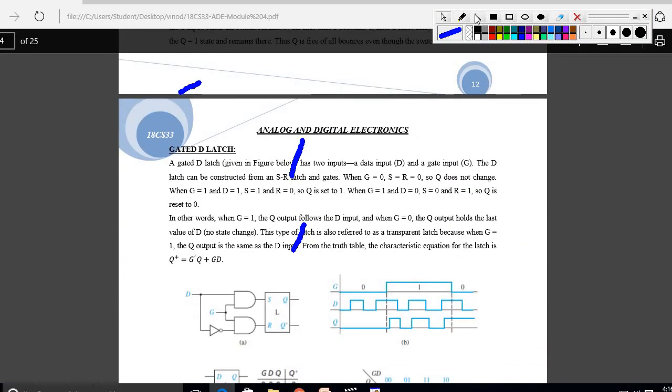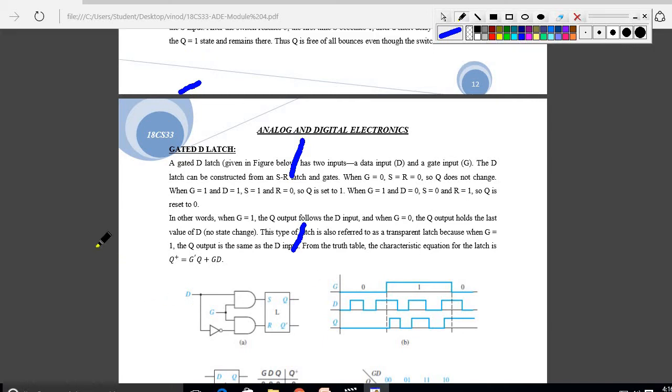Next, gated D latch. After the SR latch, the next concept is the gated D latch. A simple concept. We have already seen the SR latch, so we just connect one gate. With the AND gates, one of the inputs should be the gate and the other should be the D input.